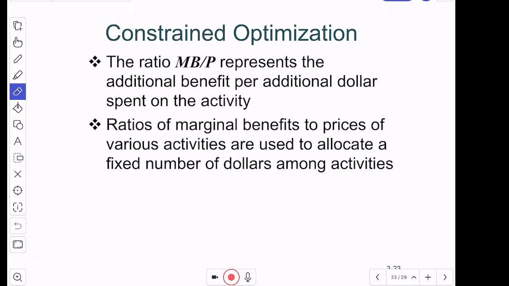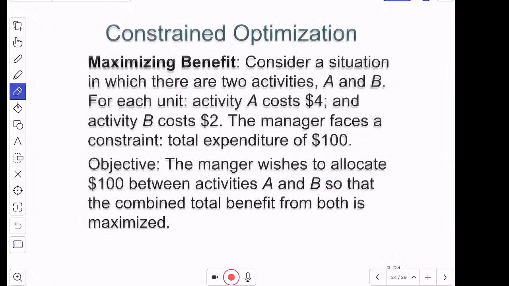Now, ratios of marginal benefits to prices of various activities are used to allocate a fixed number of dollars among activities. So I give you these rules, but the textbook gives you these rules, these properties, and it seems logical, but I really feel there's a strength in the calculus that proves these results. The bottom line is you've got to know the results.